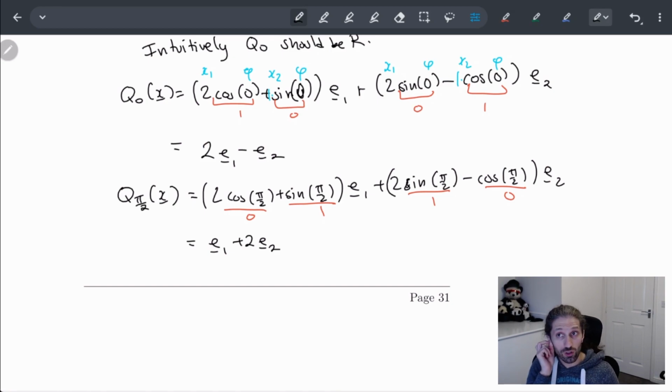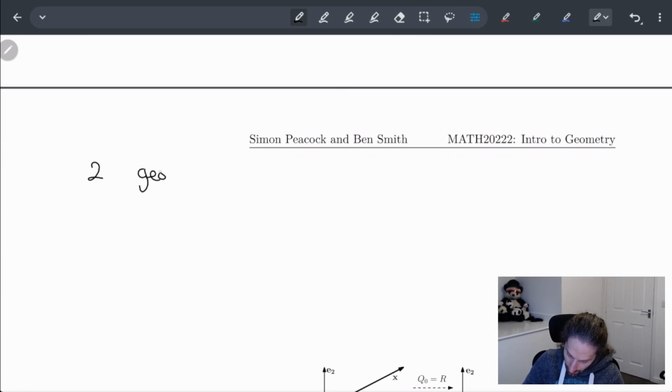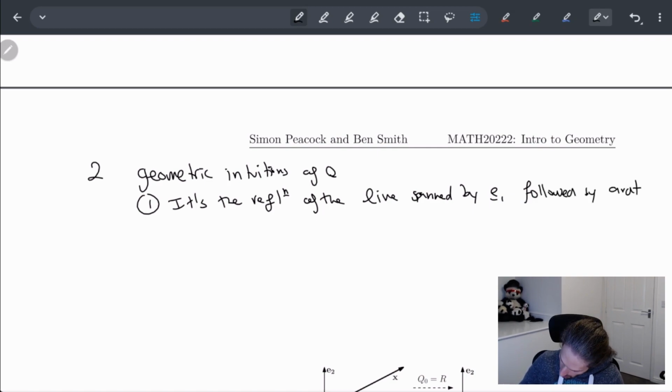So there are two geometric intuitions of Q. One is the reflection of the line spanned by E1, followed by a rotation by phi. So in this case, in our previous example, it's pi over 2.